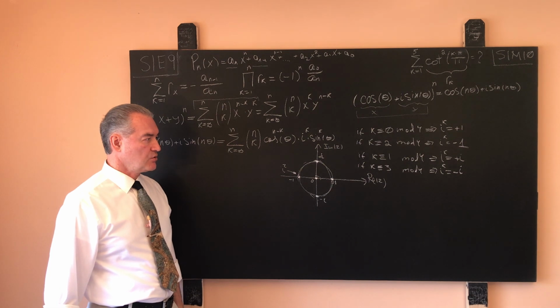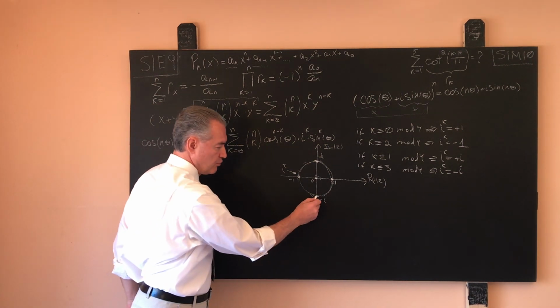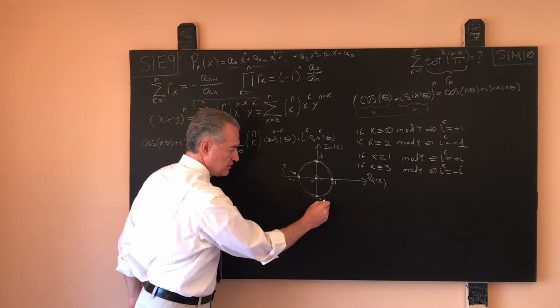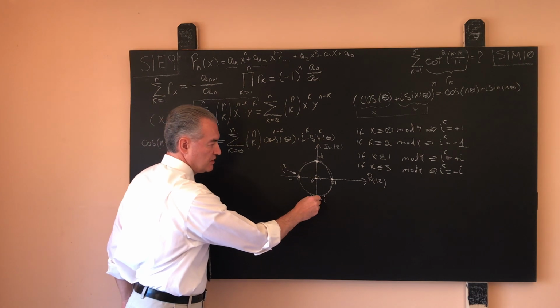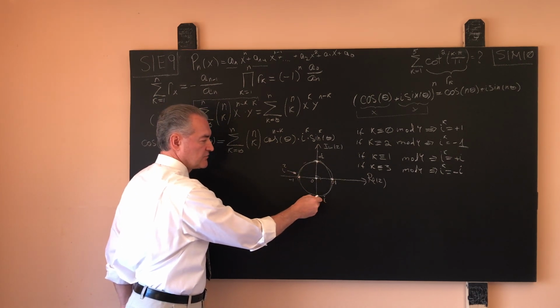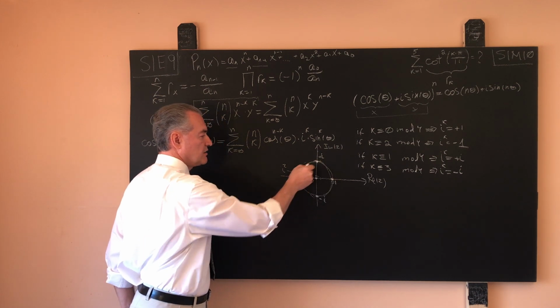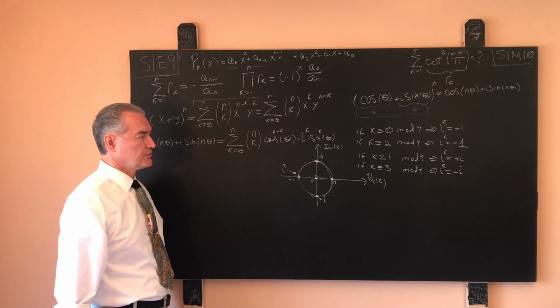That much also should be evident from this diagram, because if we start with the point over here, negative i, and then we count 3, 4, 5, 6, 7, negative i, 8, 9, 10, 11, negative i, and so on.